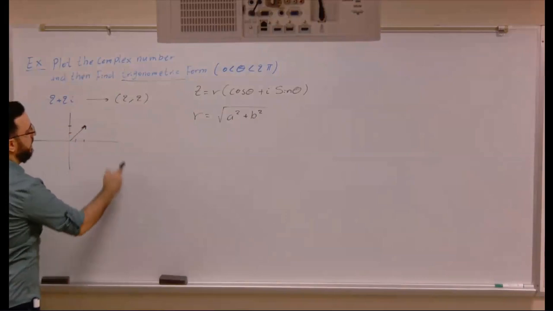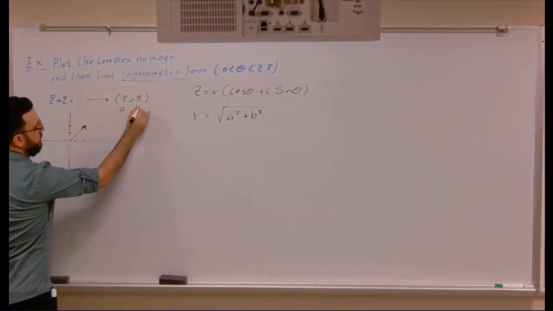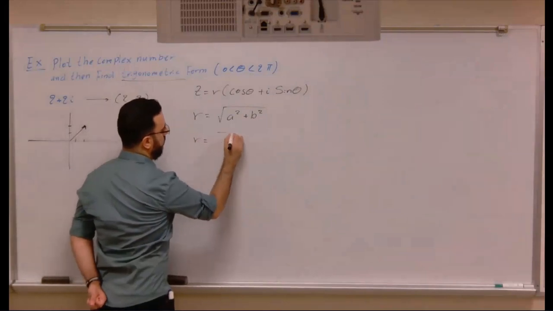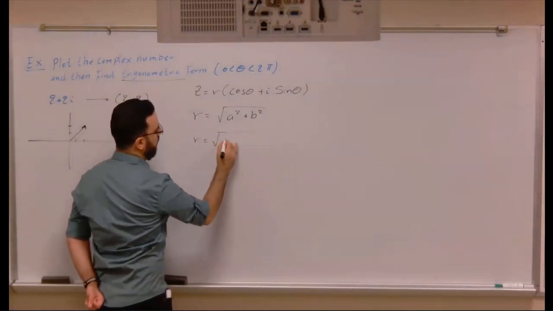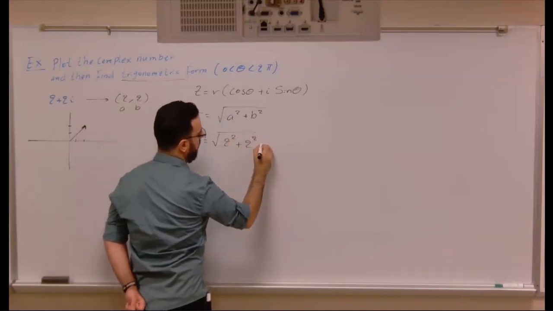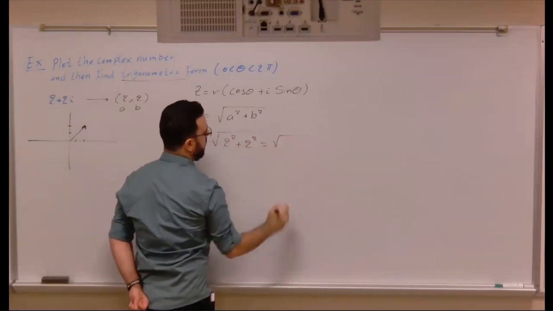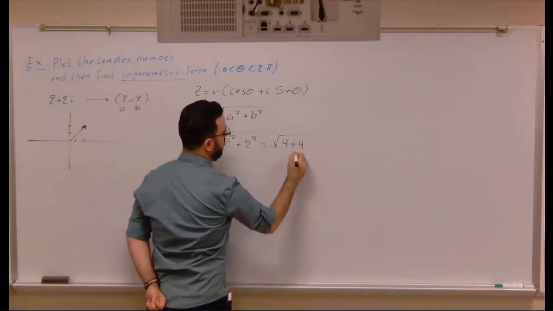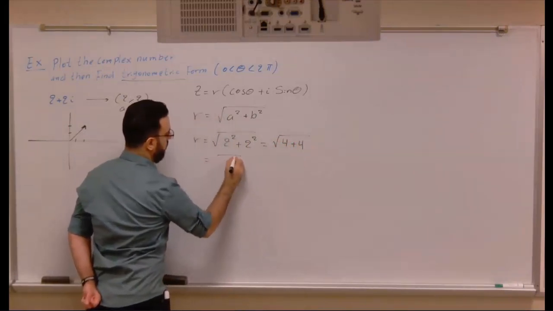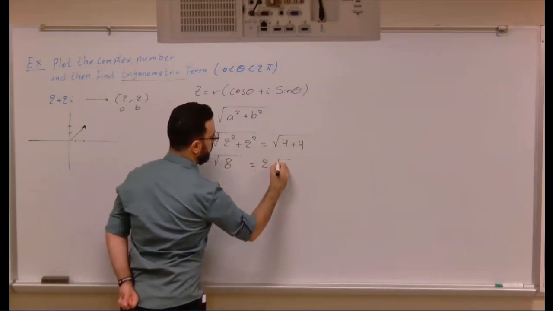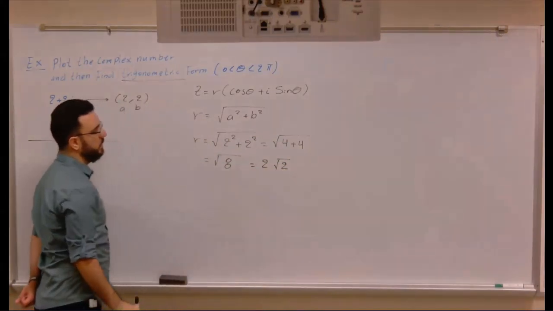This is a and here is b. That means r equals the square root of 2 squared plus 2 squared, which is the square root of 4 plus 4, the square root of 8, which is equal to 2 square root of 2. So this is r.